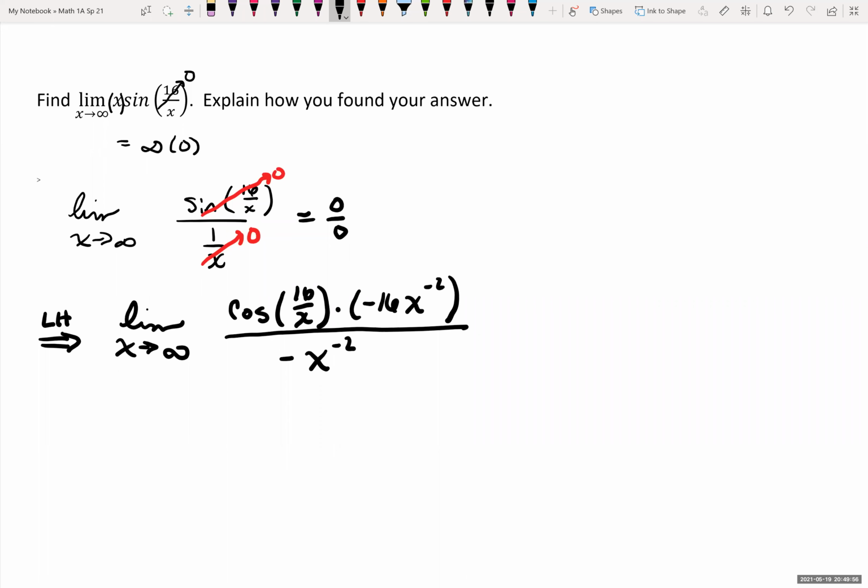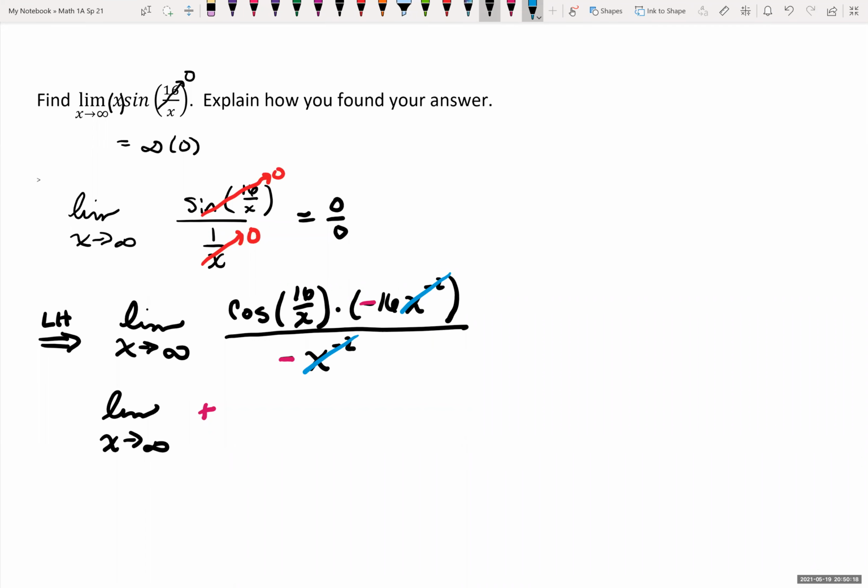Okay, so let's clean this up a little bit. I have a negative and a negative, that's a positive. Notice we have an x to the negative 2 power in both the numerator and denominator, strictly multiplication. Those can cancel.